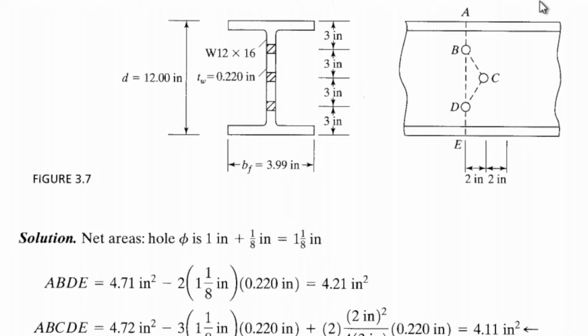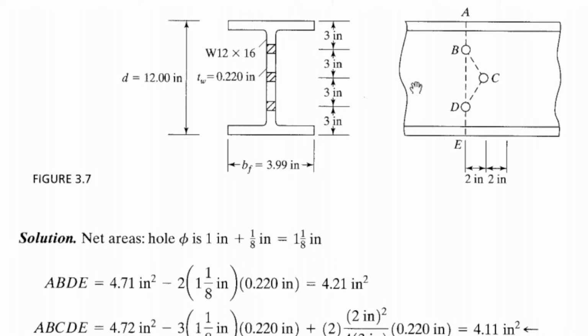Of course, we cannot expect this section to fail here, because it has a greater amount of cross-sectional area. In those parts with greater cross-sectional area, we do not expect failure.